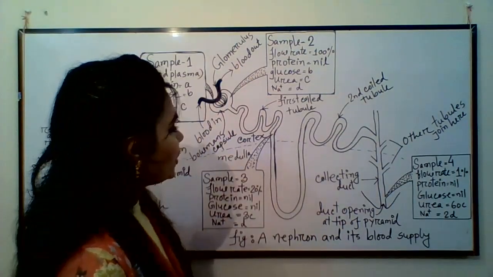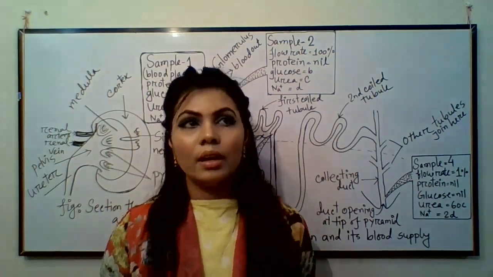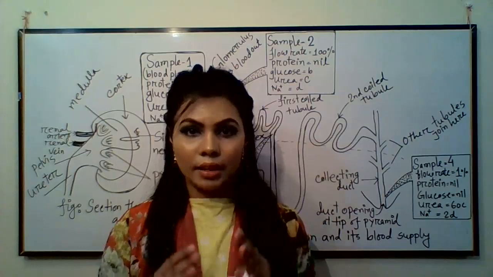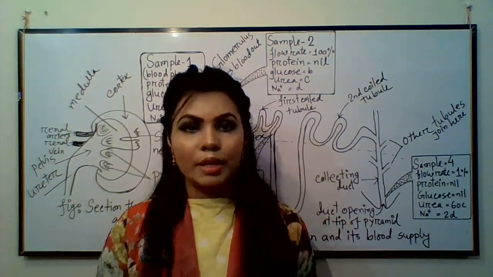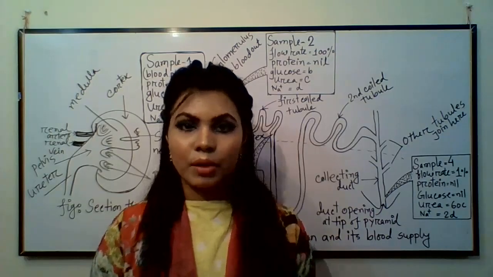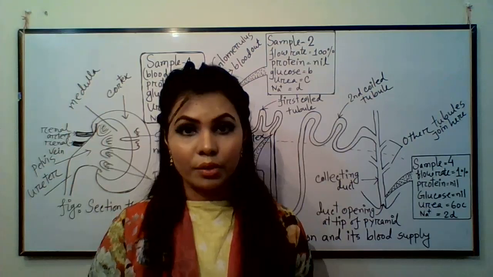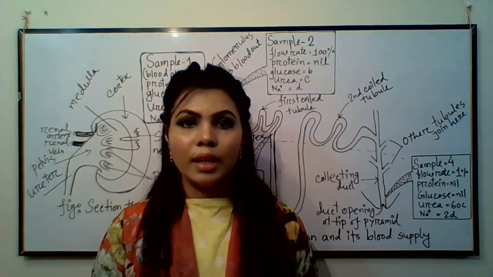In my last class, I discussed the urinary system, the structure of the kidney, and the diagram of the nephron. Today I'll be talking about more details of the nephron. What happens inside the nephron?